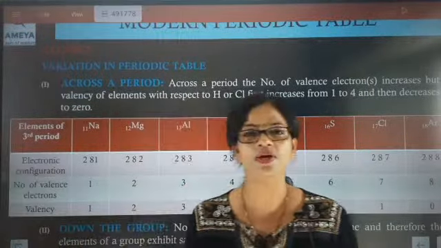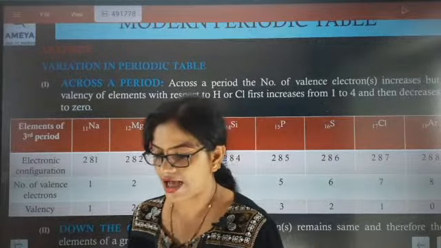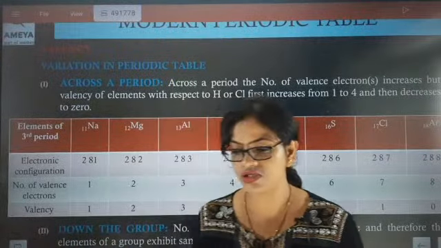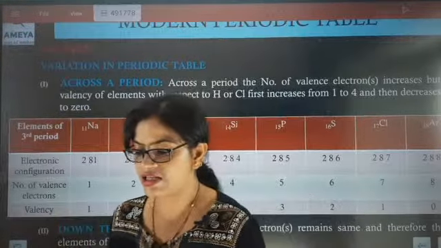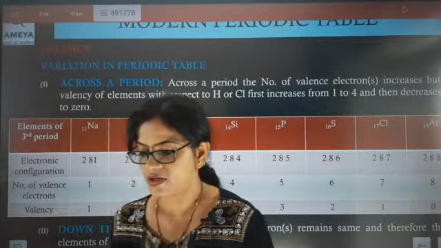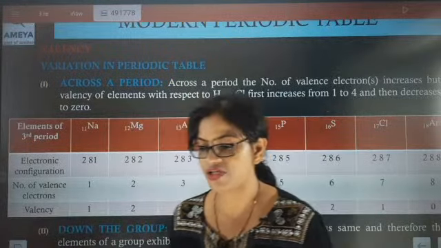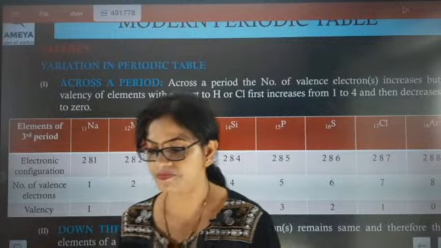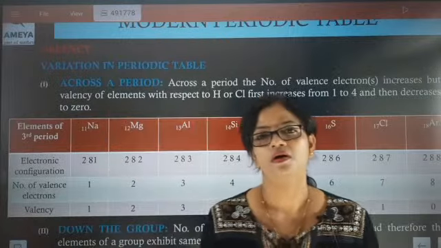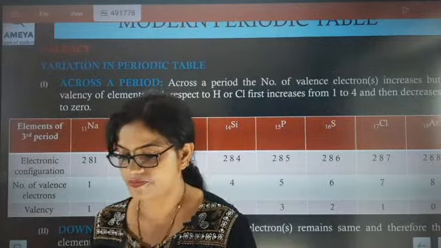Last 2-3 questions I am going to ask. Start answering the question. Which is the most electropositive element? Lithium or cesium?